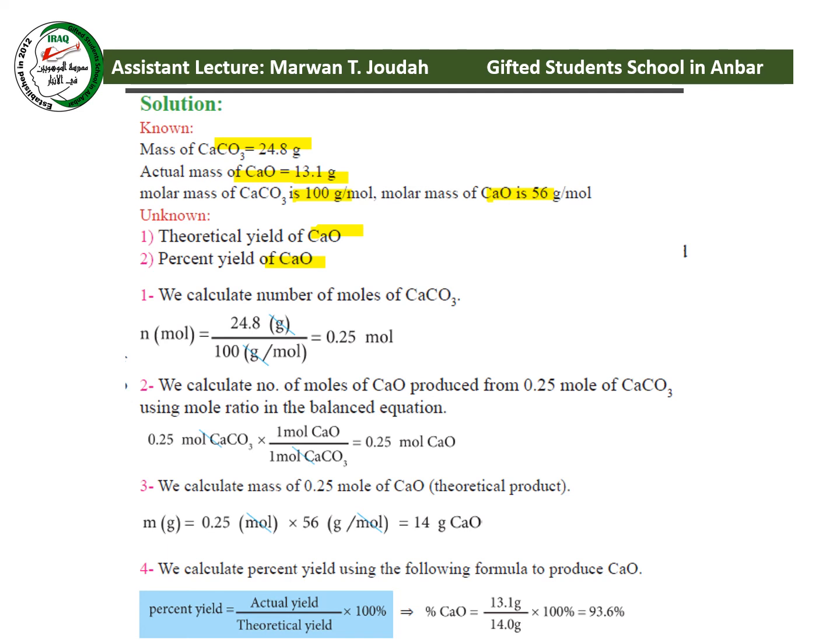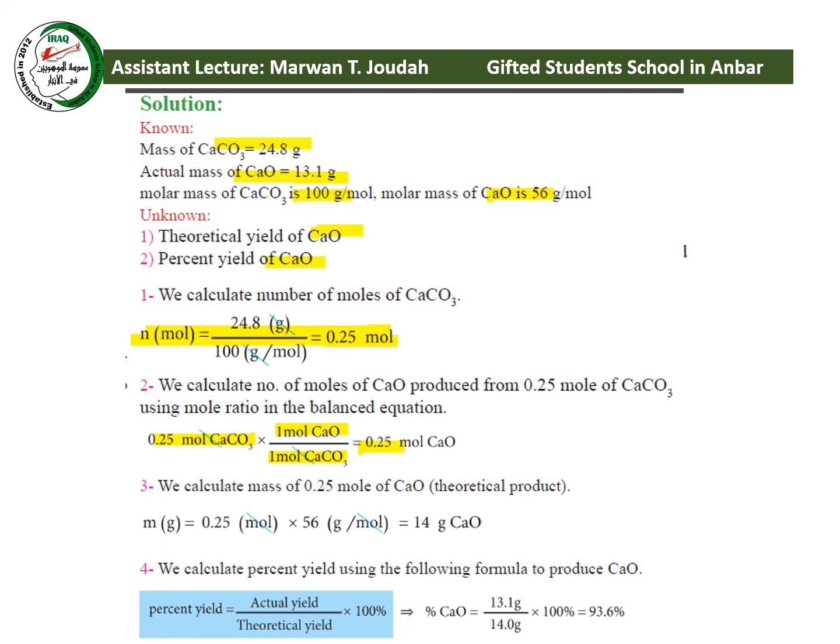To calculate the number of moles of CaCO3, we use the mathematical law: number of moles equals 24.8 grams over 100, which gives us 0.25 moles. This is the first one. Then we calculate the number of moles of CaO: the number of moles of CaCO3 times the moles of the unknown over the moles of the known from the equation gives us 0.25 moles of CaO.